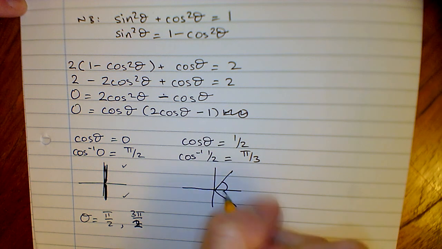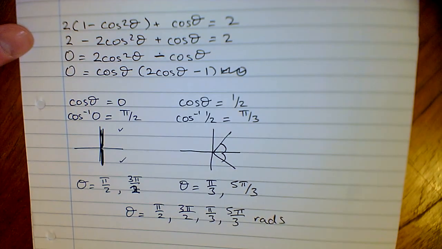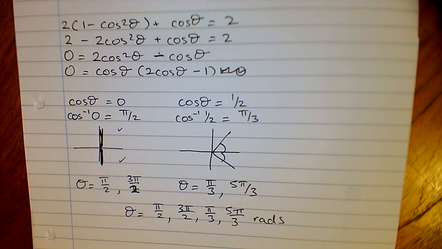So it's cos and positive again, so it's in here and in here. So our two values are pi over 3, and then round it's going to be 2 pi take away pi over 3, so that's 5 pi over 3. So pi over 2, 3 pi over 2, pi over 3, 5 pi over 3 as our 4 different answers.